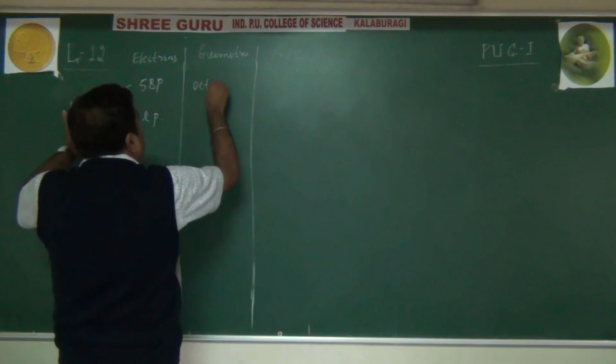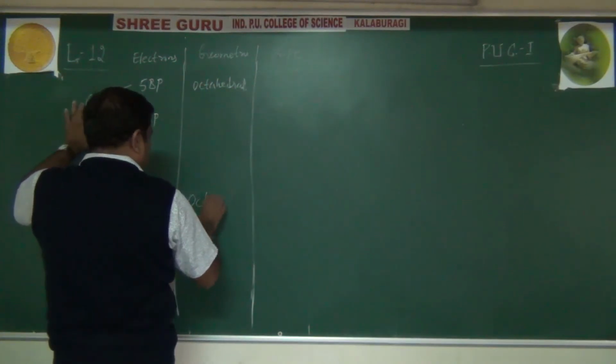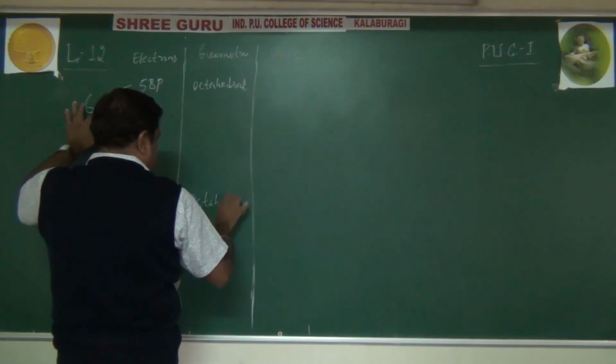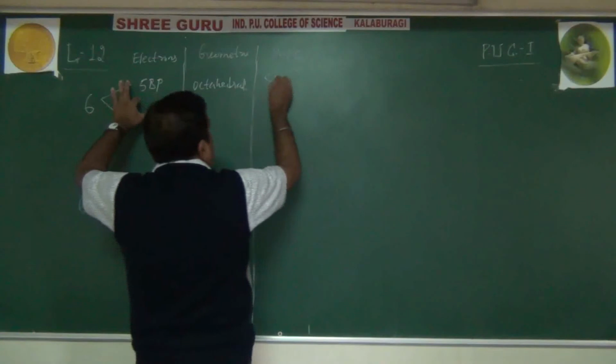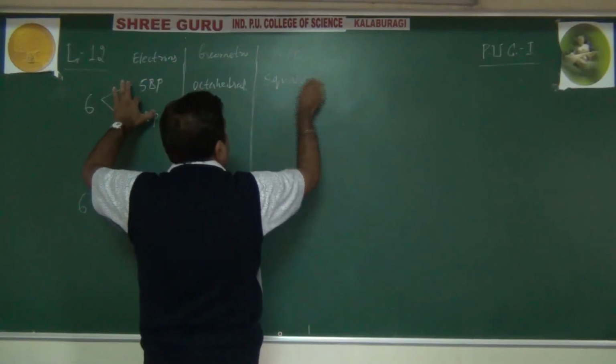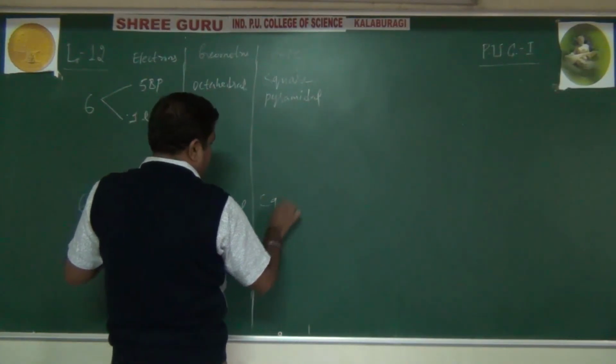But the deviated shape is square pyramidal, and here it is square planar.